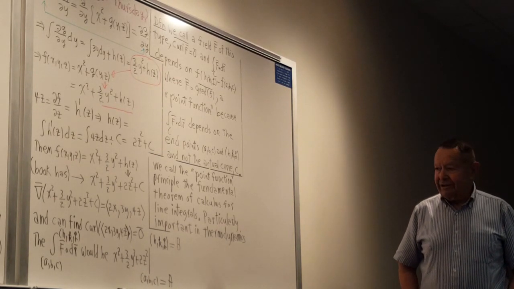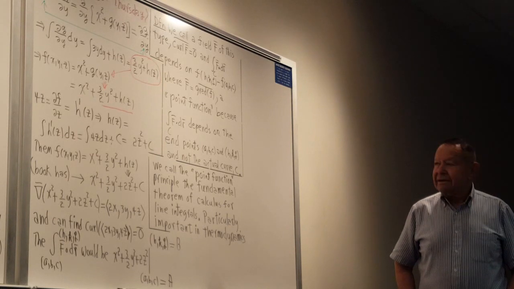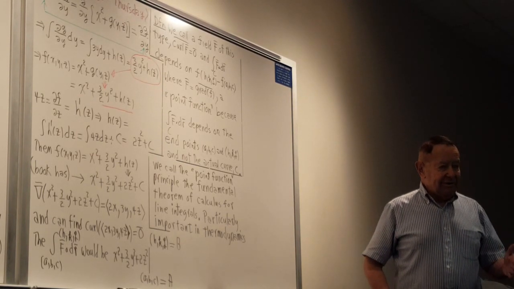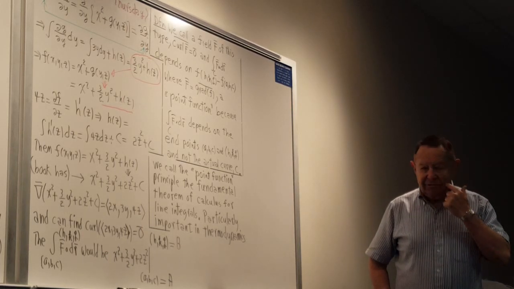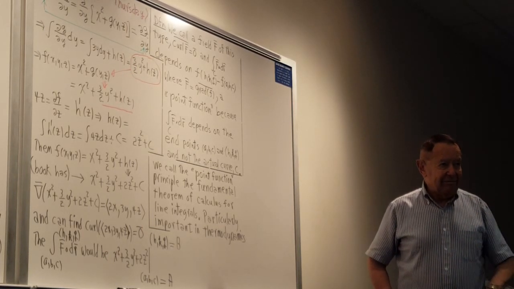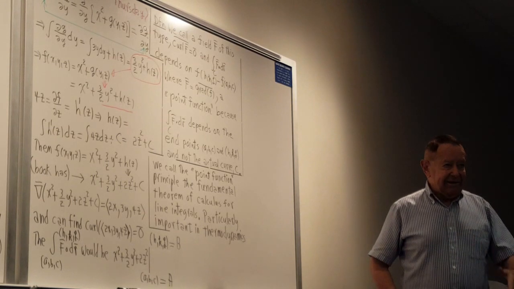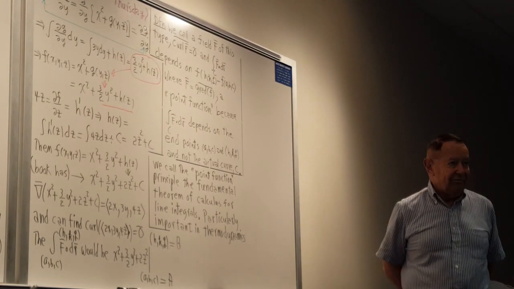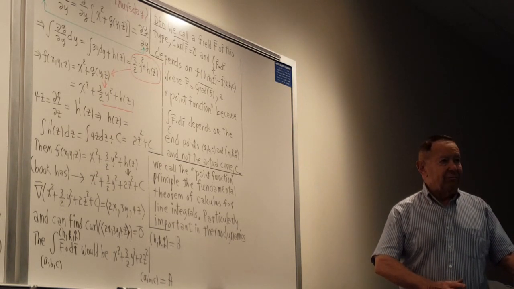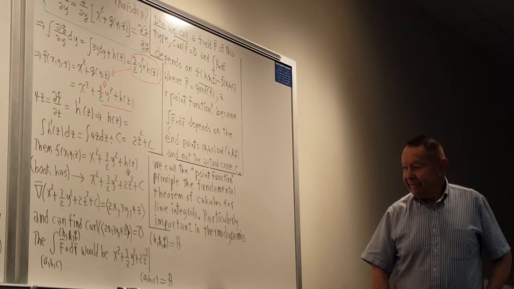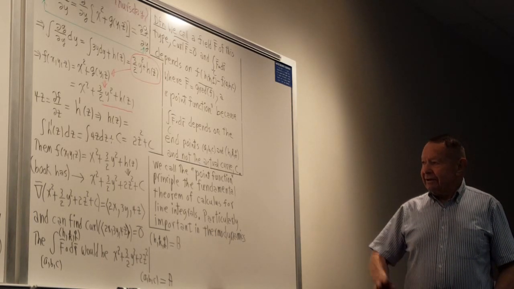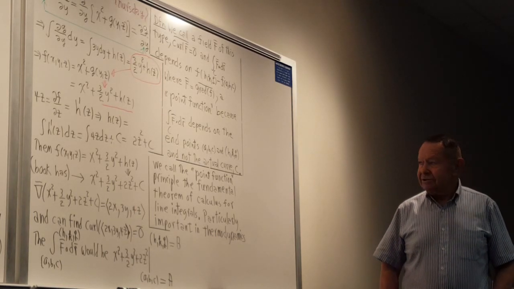Say if it were some curve that was awkward to parameterize, you could replace your path with the straight line from A to B, because a straight line is always reasonable to parameterize. So you could always do that. There are a lot of different choices that you have.